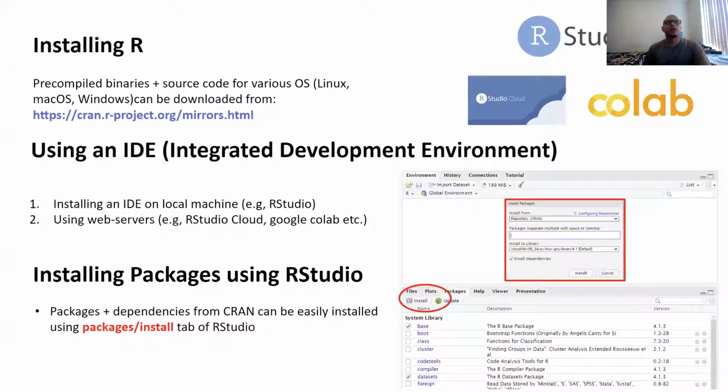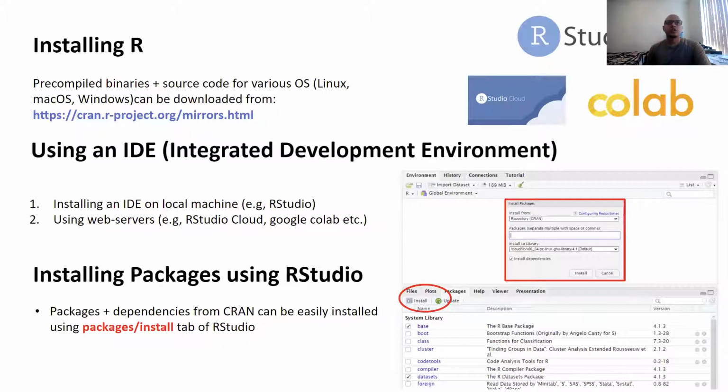To install R, you can directly go to the CRAN repository and download the appropriate installation package. If you're planning to learn R, we recommend that you use an IDE. You can use an IDE on your local machine, for example, RStudio, or you can also use web servers, for example, RStudio Cloud or Google Colab.